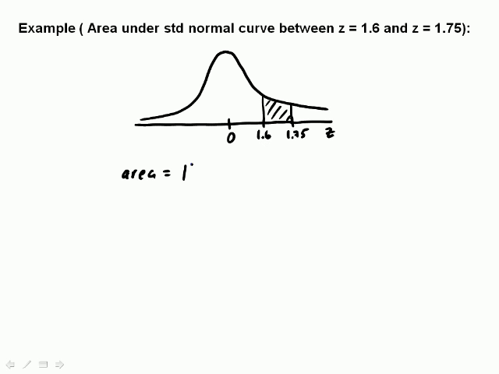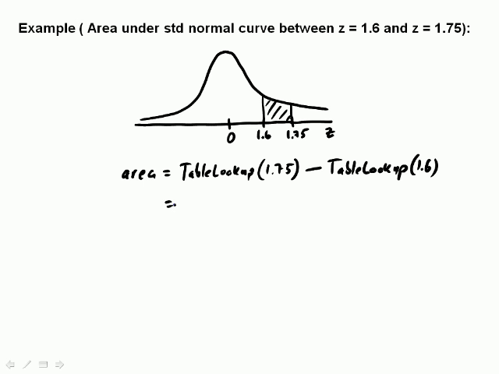So this is going to be a table lookup of the upper z-value, the highest one, the one farthest to the right, 1.75, and then subtract off this area up to the lower z-value. So minus table lookup up to 1.6. And if I subtract those two values, then I should be able to get the area between here like this.